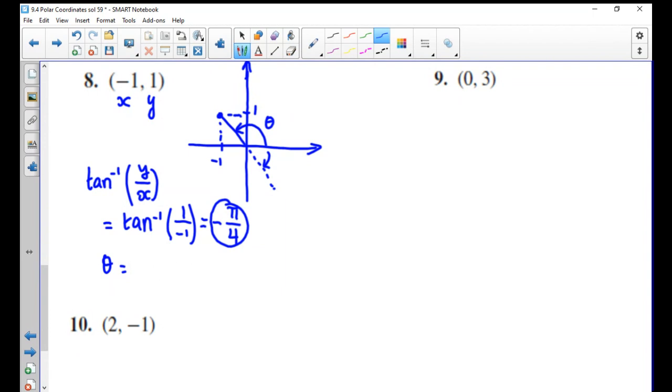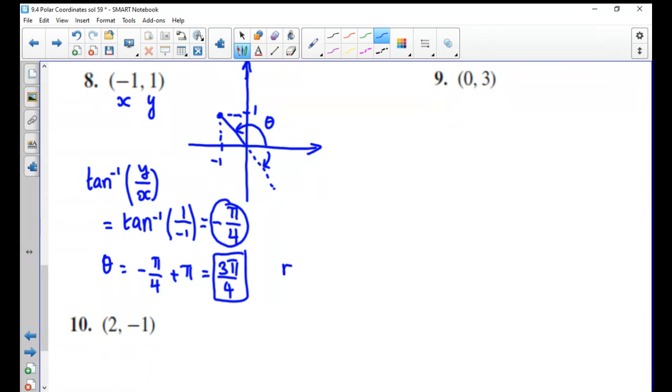So you have to be a little bit careful about this. Theta is clearly not minus pi over 4. So add pi, and you will get 3 pi over 4. And that looks perfectly fine.